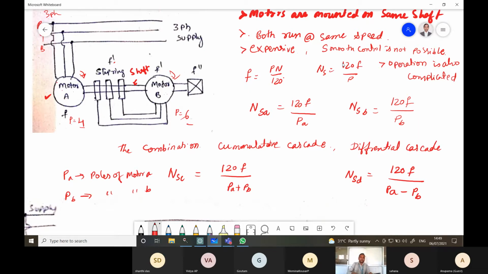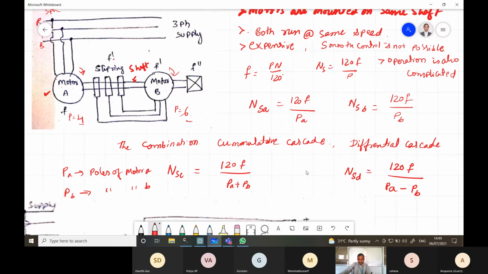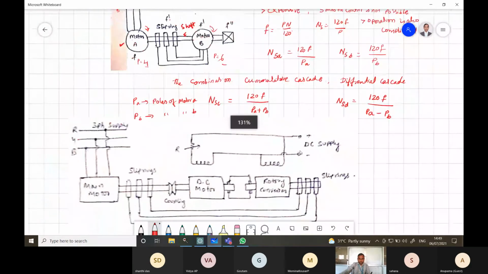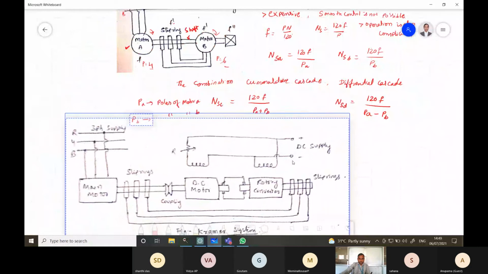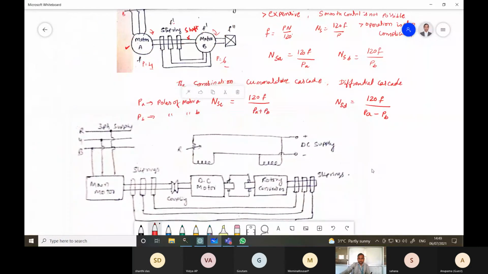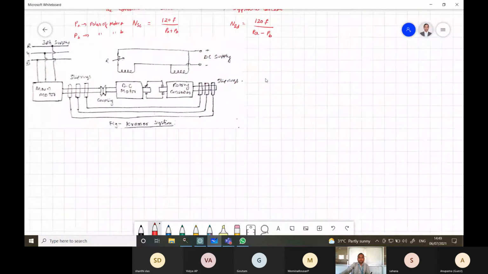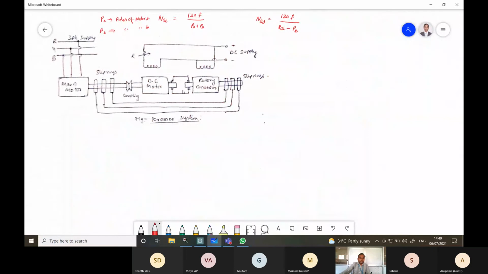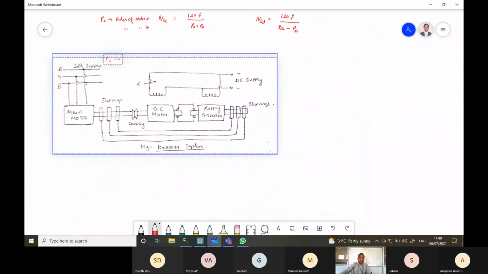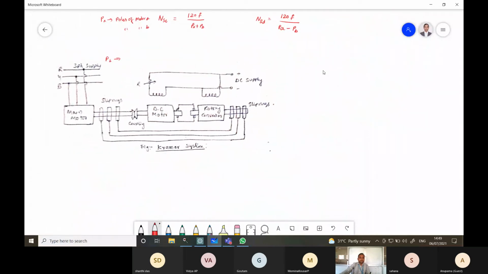Coming to the next one: injecting EMF in the rotor circuit.